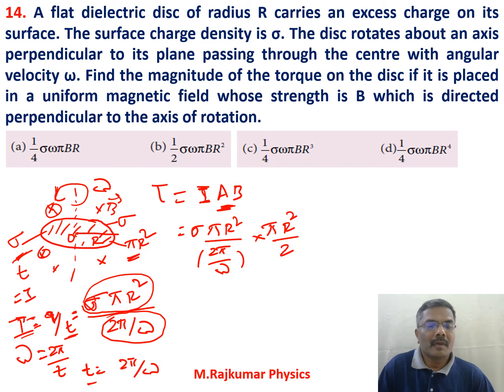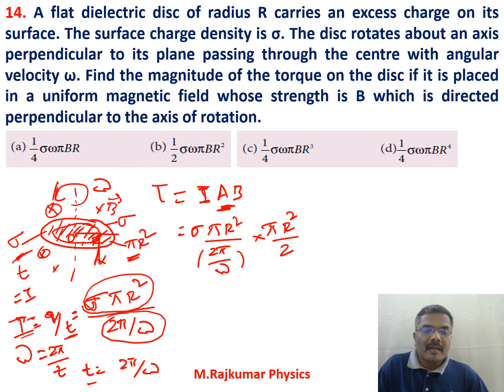Why? To find the torque, which makes this disk rotate, I am assuming this area is concentrated at the center of this arc, so I write that area divided by 2.